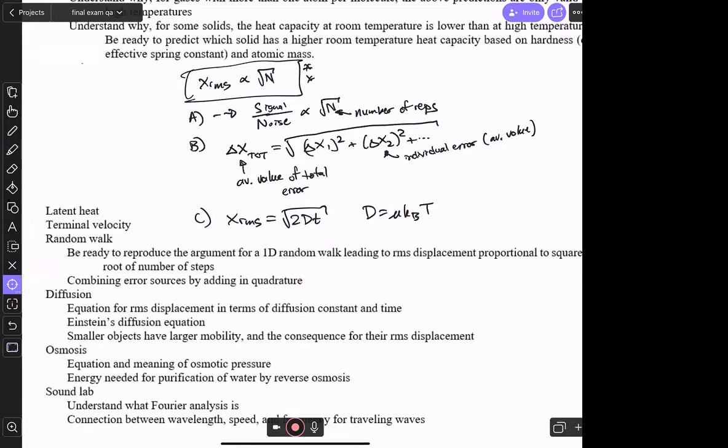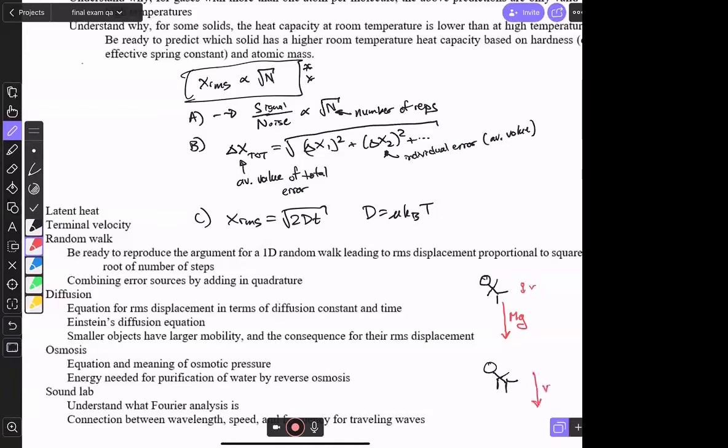Can we also go over terminal velocity? Sure. So the idea is that when something is starting to fall, let's say a human being, at first the only force being applied to them is their weight, mg. Here their velocity is essentially 0 or very small. As they fall and start to build up speed, their velocity gets bigger, and therefore the force of air resistance on them gets bigger.